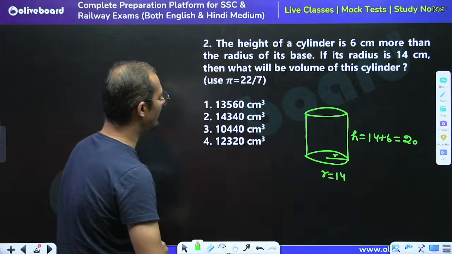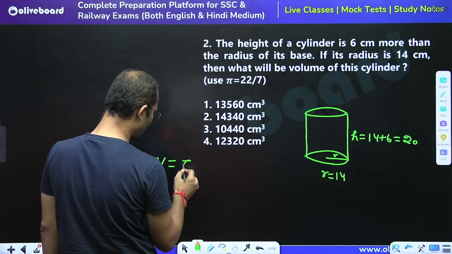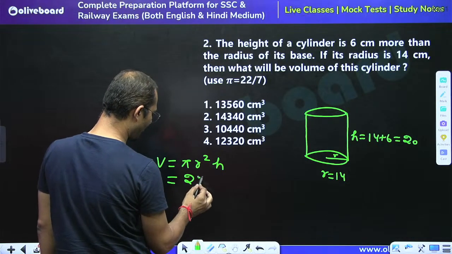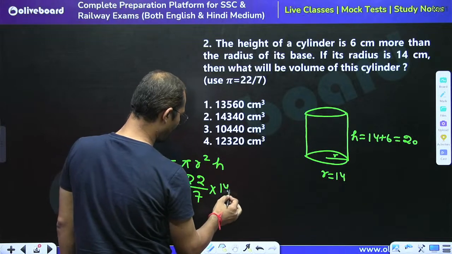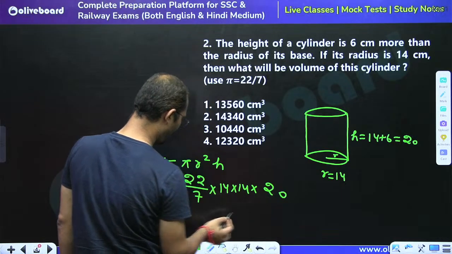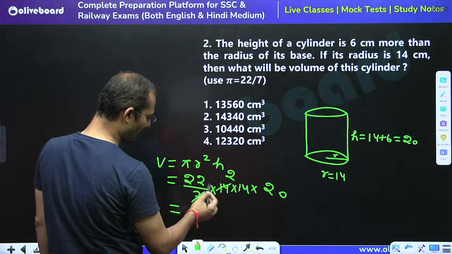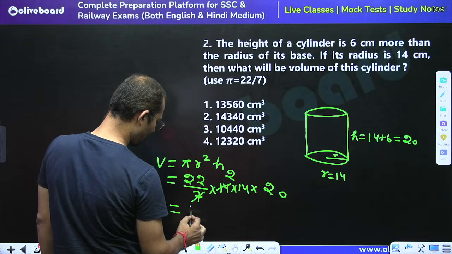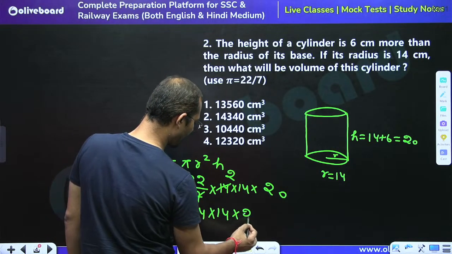Now we have to calculate the volume of the cylinder. We know that the volume of the cylinder is equal to pi r square h. We just have to put the value in the formula, right? So r here is 14, 14 into 14, and h is 20. After solving this we will get 44 into 14 into 20, right?